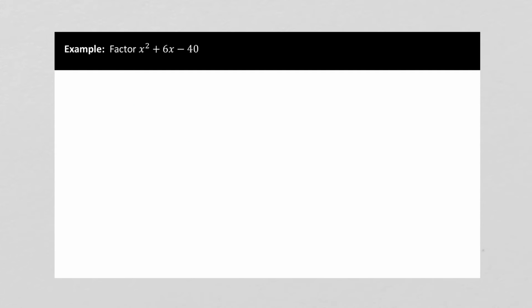What if you've got a quadratic, something in the form x squared plus bx plus c? Well, you always ask yourself what multiplies to give you c that adds to give you b. So what multiplies to give us negative 40 that adds to give us 6?